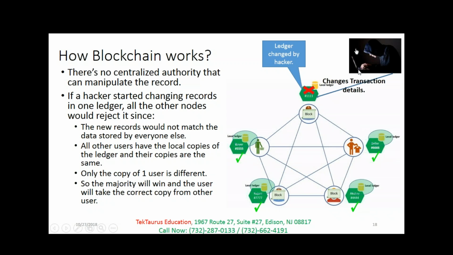Suppose a hacker hacks this system; after 1 hour or 2 hours, all the other users will realize that the blockchain of this particular user, which has the ID 1111, is different. So what will the user say? Okay, your copy is different.